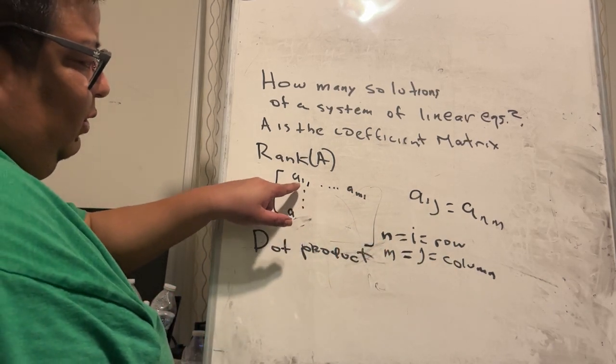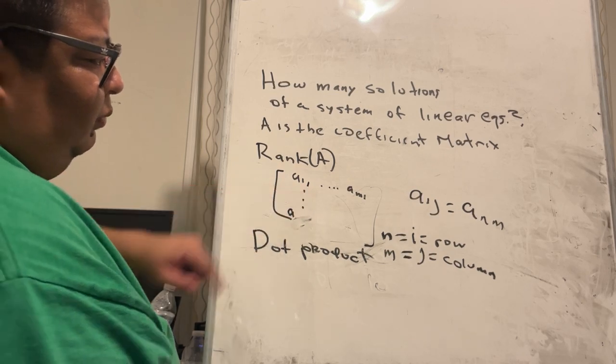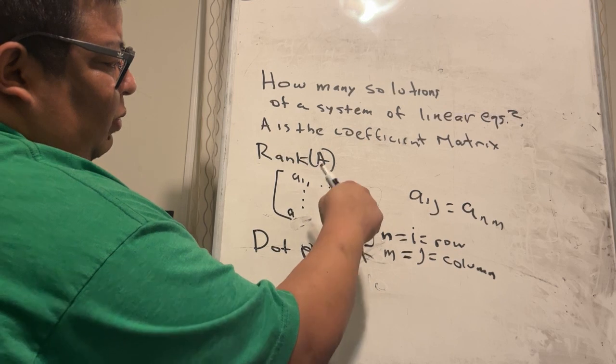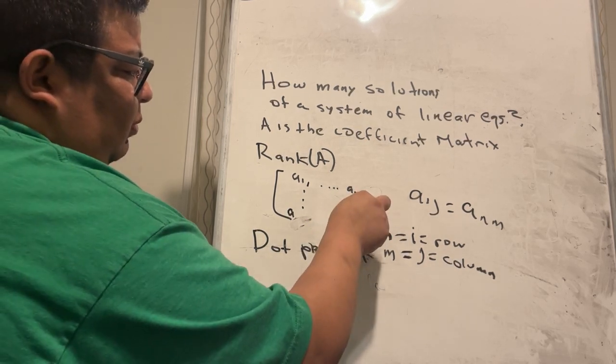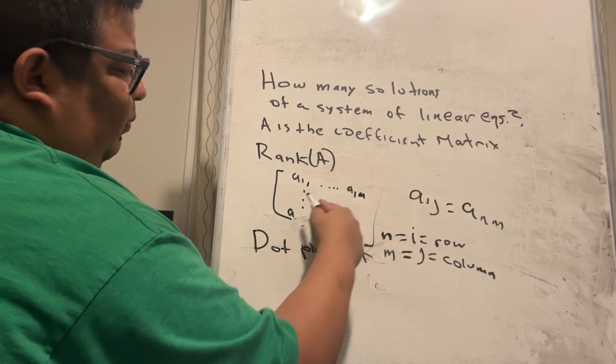Okay, so the first row is 1, first column is 1, and the second column and the m column will be 1m.